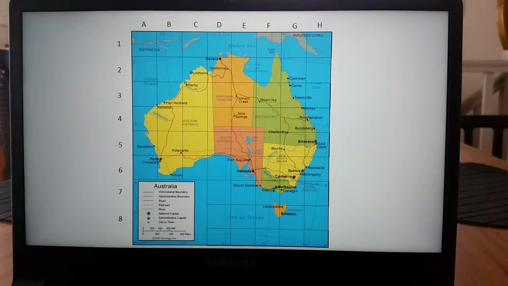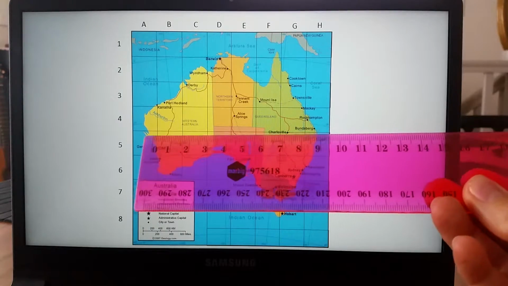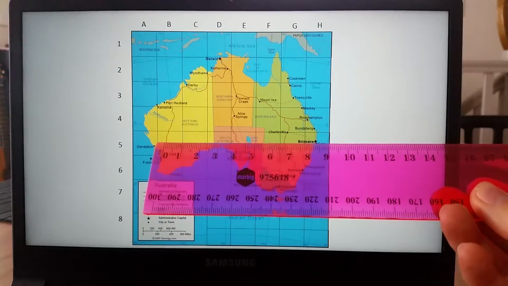So what we need now is a tool we can use to help us measure on the map the distance between Brisbane and Melbourne. What we can use is a simple ruler. We've used rulers before. This is a ruler showing centimeters.